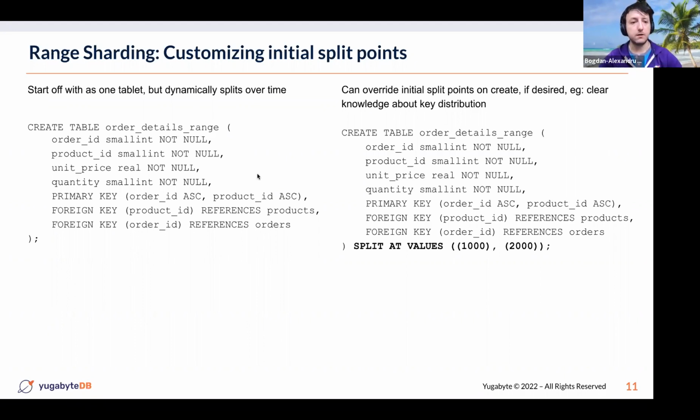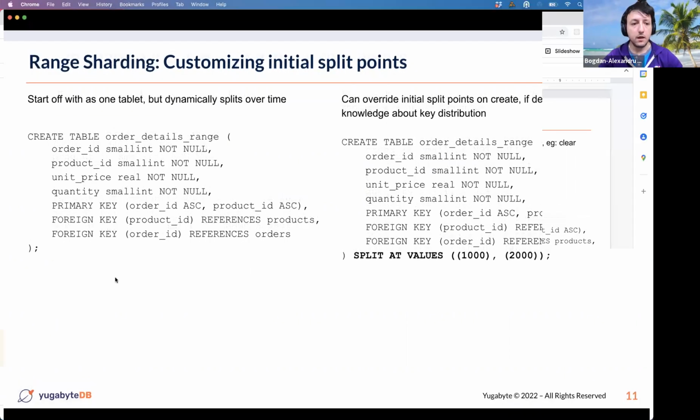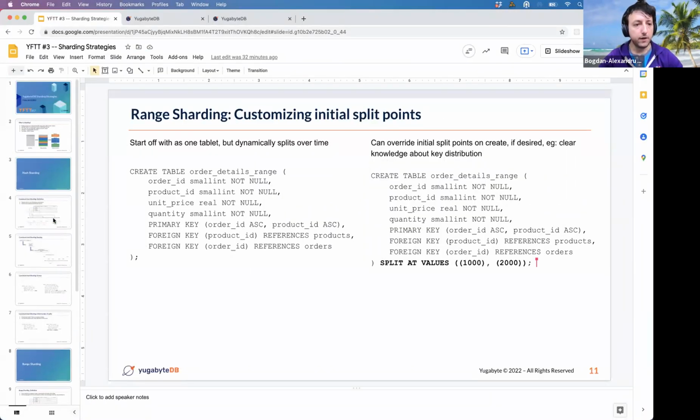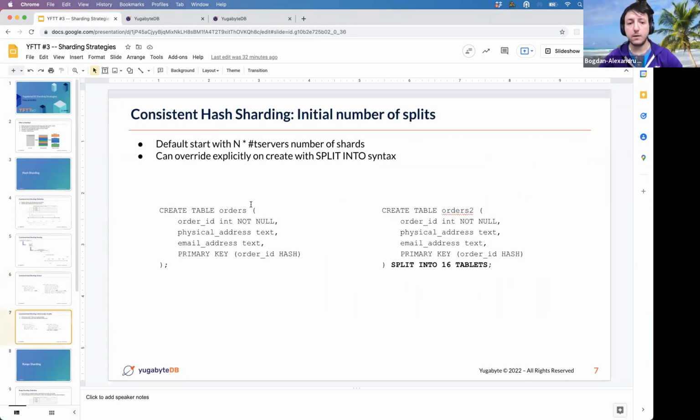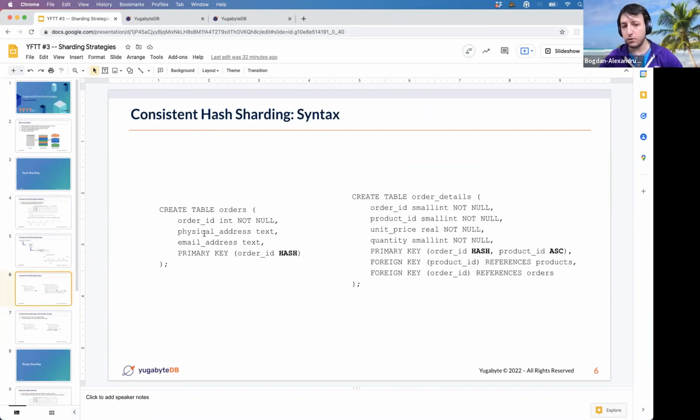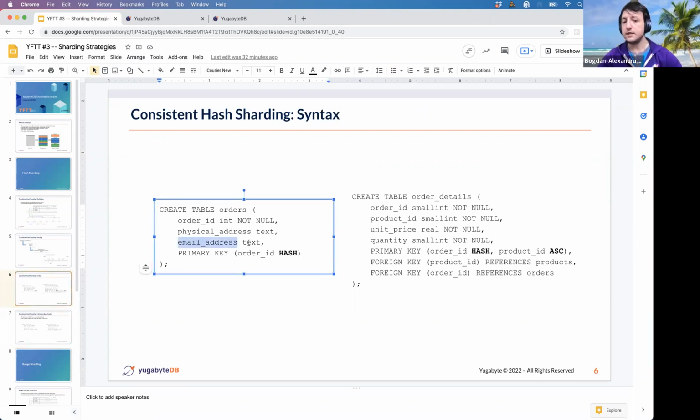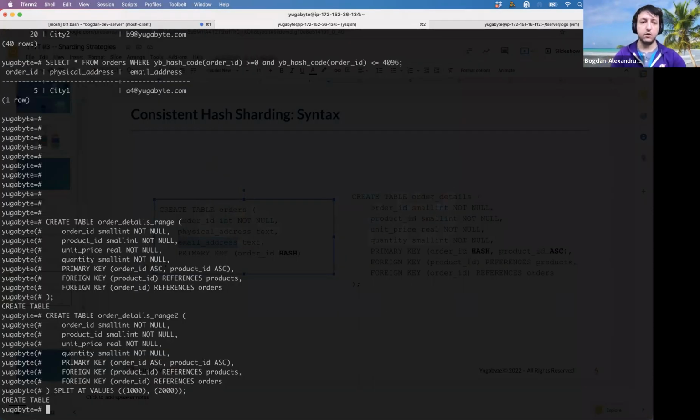So maybe let's take an example here real quick. Let me go back briefly. So let's say here on our orders table, we have an orders table which has an email address. Let's say you had a use case where you wanted to efficiently look up orders based on the email address that a particular order came from.